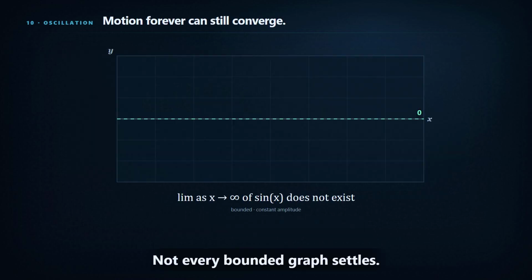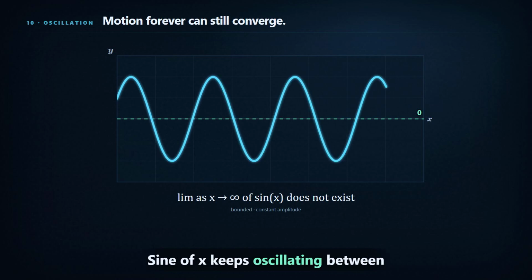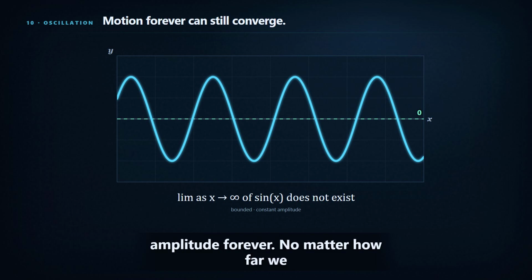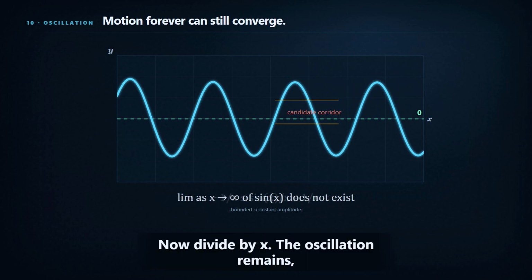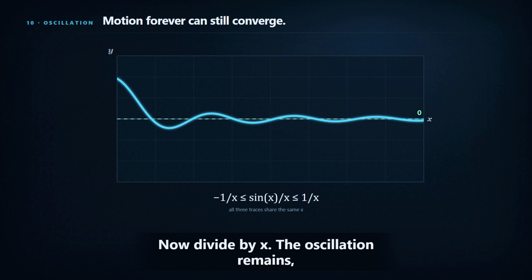Not every bounded graph settles. Sign of x keeps oscillating between -1 and 1 with the same amplitude forever. No matter how far we travel, it never stays near one fixed height, so its limit at infinity does not exist. Now divide by x.